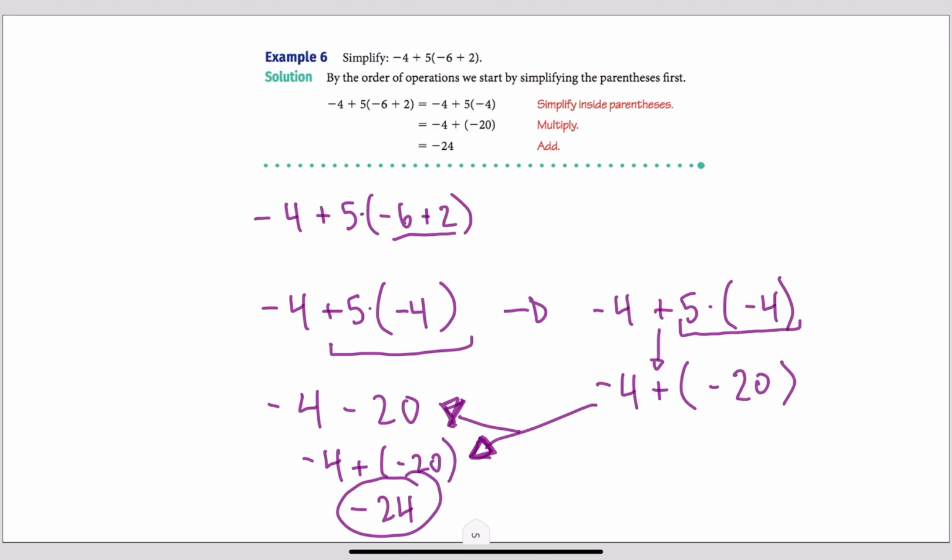And so all that matters is that you understand what it means and that you do it the way it makes sense to you, that you can repeat every time. So negative 4 plus negative 20, that's negative 24. So you can see I can get to the same result as long as I follow the rules and I don't leave anything out, then I'll be okay.